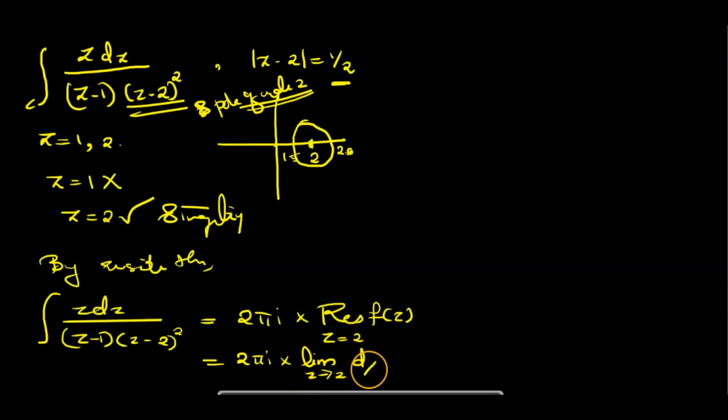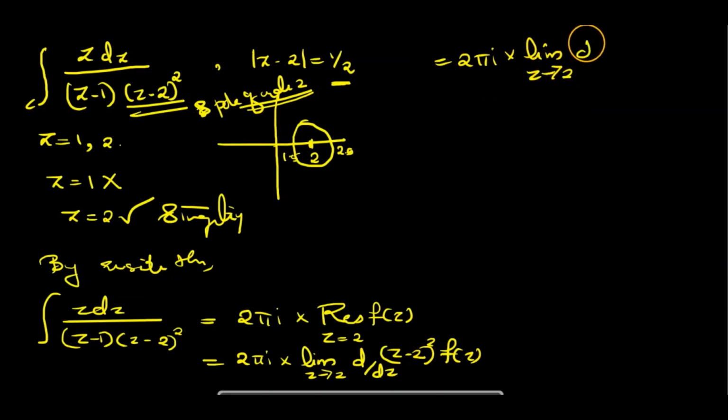So the residue at a pole of order 2 is the limit as z tends to 2 of d by dz of (z minus 2) whole square into f(z). That means 2 pi i into the limit z tends to 2 of d by dz of (z minus 2) whole square into f(z), that is z by (z minus 1).